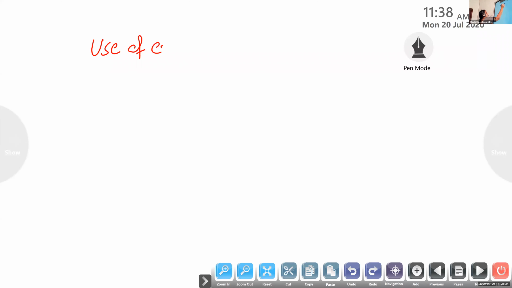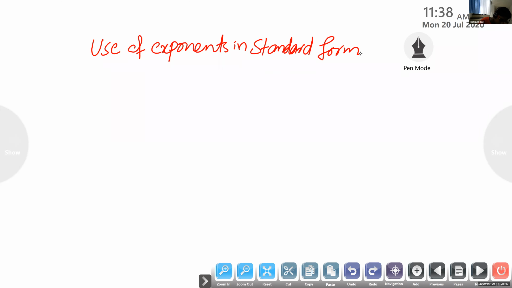What do you mean by standard form? You have studied it in 7th standard. 100, we can write 10 into 10, or it is 10 raised to 2.